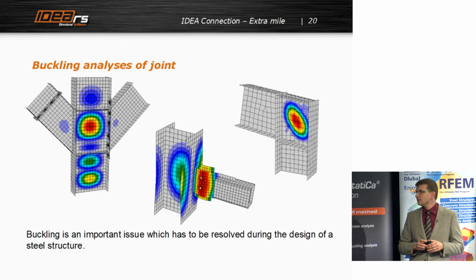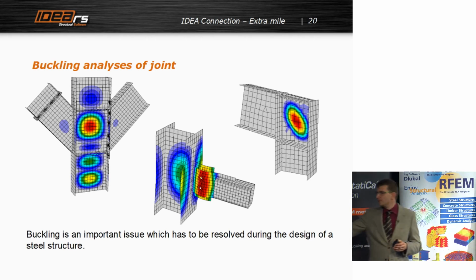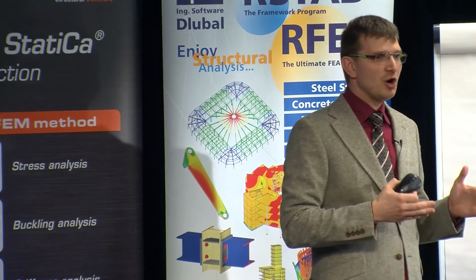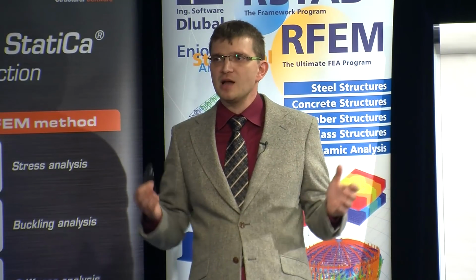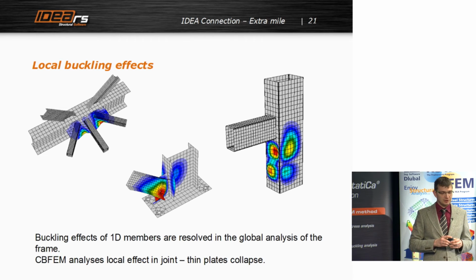And as you see, in some cases this could be a really critical part of a structure. For example, here in this connecting plate, if we have a really thin connecting plate, there could be buckling inside the joint, which is not taken into account in the general analysis of the structure. Here you can see some other examples of buckling in joints.